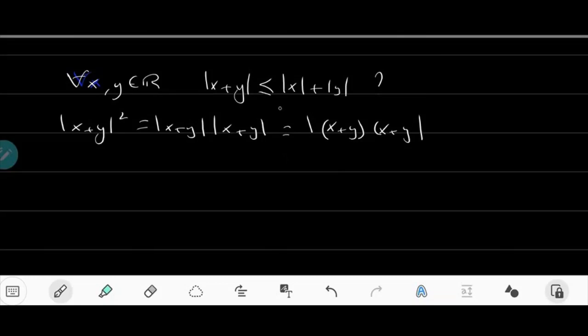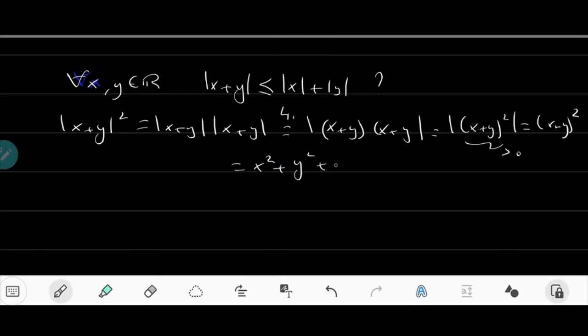Why is that? Because of property number 4, it is equal to the absolute value of x plus y squared. This is something positive, so its absolute value is equal to x plus y squared. And x plus y squared is of course equal to x squared plus y squared plus 2xy.